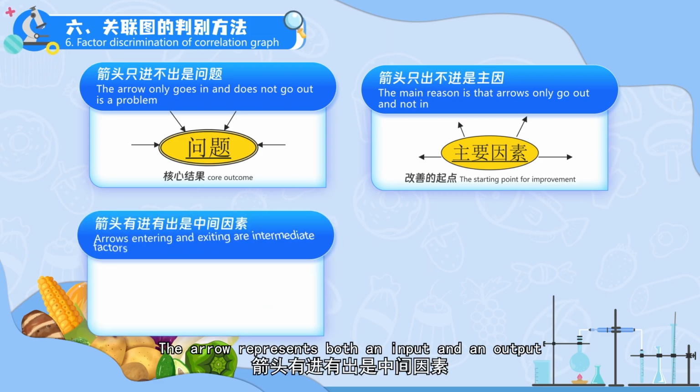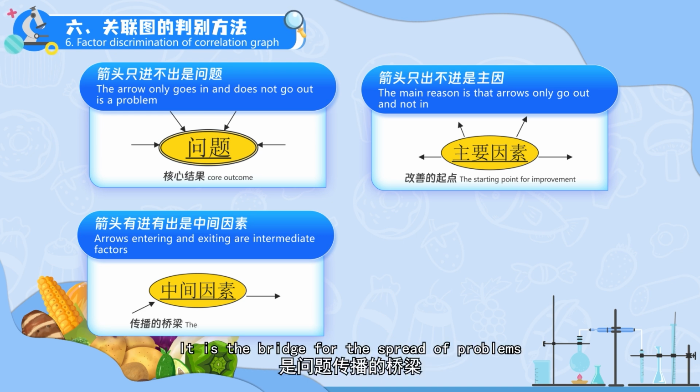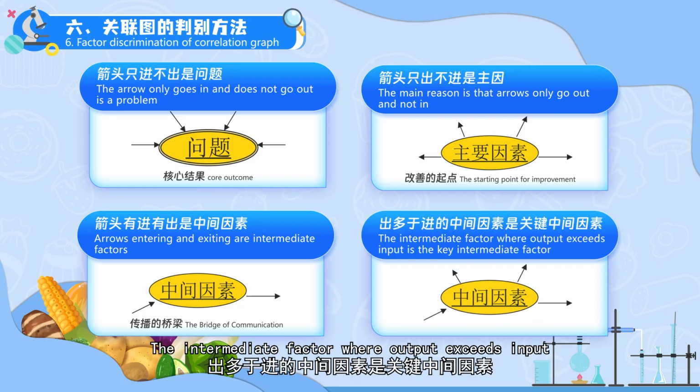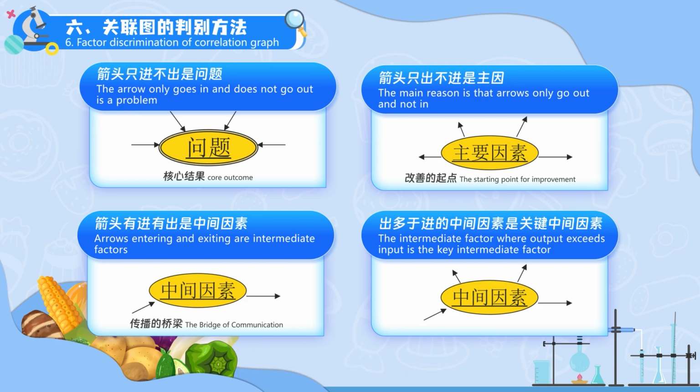Arrows that represent both an input and an output indicate an intermediate factor. It is both a cause and a result. It is the bridge for the spread of problems. The intermediate factor where output exceeds input is the key intermediate factor. It affects many other factors.